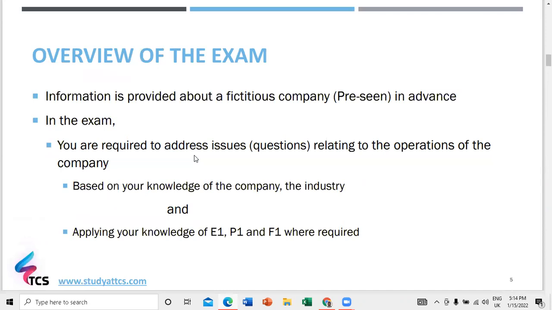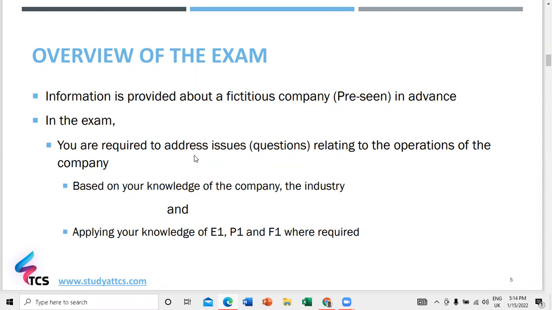So let's go through the overview of the exam. When it comes to the operational case study, information is provided about a fictitious company in advance as part of the pre-seen document. I hope you would have gone through the pre-seen document by now, because if not, it's high time you do it. This time's pre-seen is based on a fictitious company which carries the name Treadcushie, a shoe manufacturer.